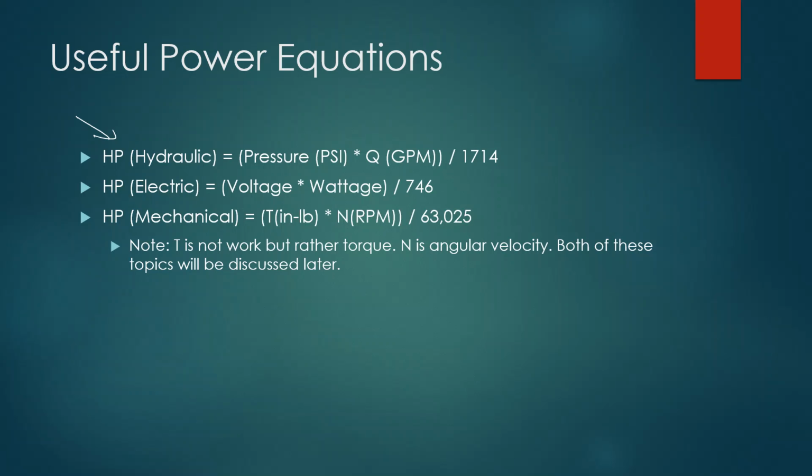And then mechanical horsepower is torque in inch-pounds times angular velocity in RPM divided by 63025. So these are all just some conversion factors here. Let's write this out real quick. T is torque, and then N is angular velocity.